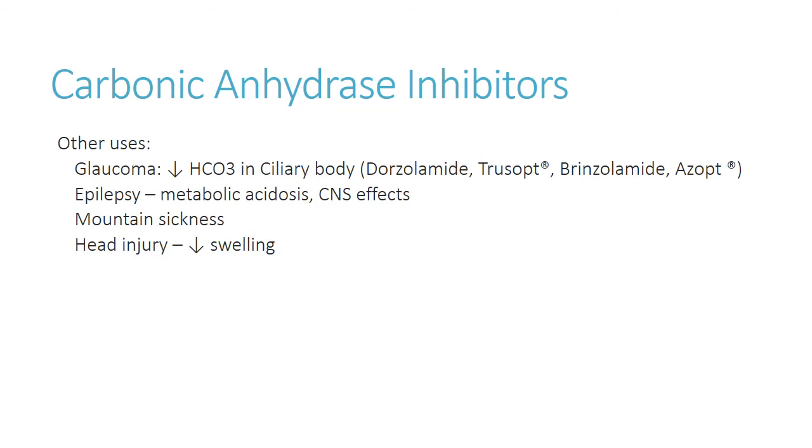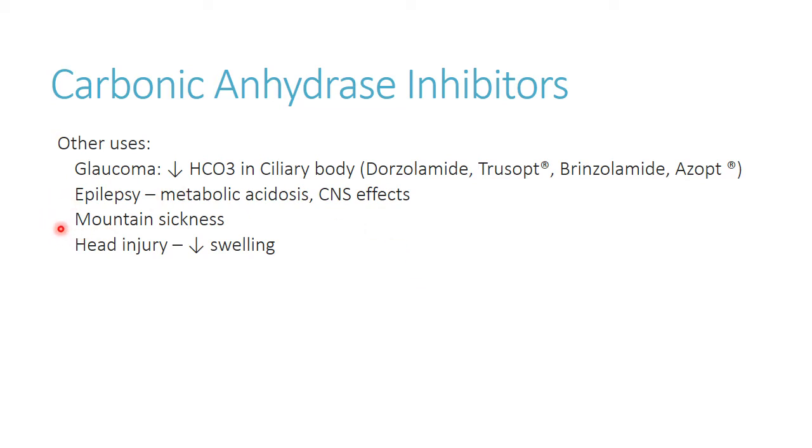Mainly, glaucoma is going to be the primary use. But what's interesting is some of these other uses. So again, epilepsy, which is what? A seizure disorder, right? In some cases, when you have a mild acidosis, you can actually raise the seizure threshold. I always have a hard time saying that, but you make it more difficult for them to actually seize. So sometimes you'll see patients on this to try to make them more acidotic, harder to seize. You can see this used for mountain sickness, or altitude sickness.